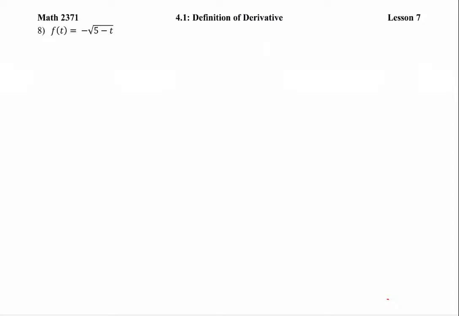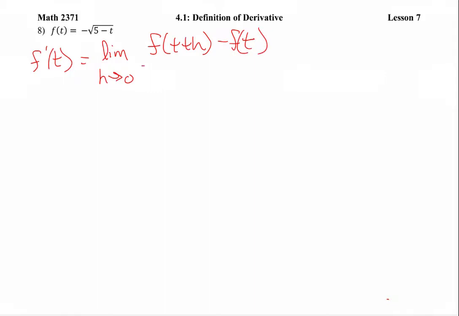All right, so f prime of t equals the limit as h goes to 0 of f of t plus h minus f of t all over h.